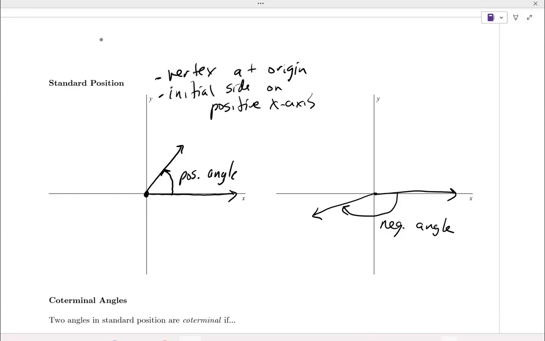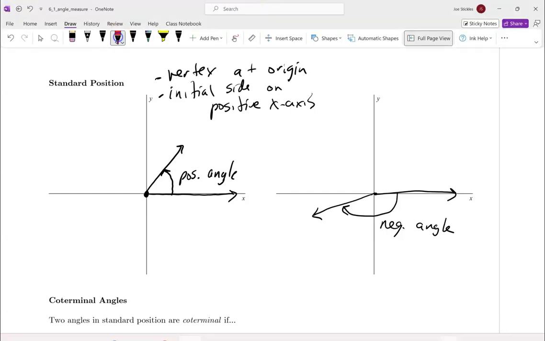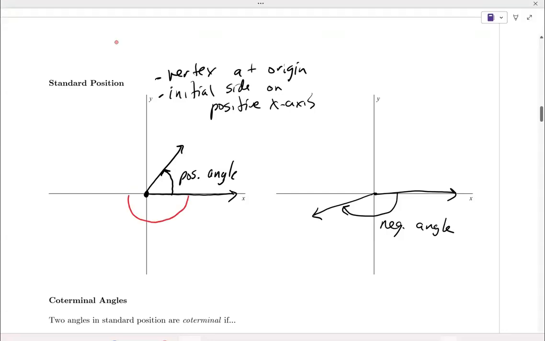So again, the terminal side is going to help us determine measure. But notice that, again, I kind of just picked arbitrarily which way I rotated, right? Instead of rotating up in the first one, I could have rotated that way, right? This red one is negative, isn't it? But I ended up in the same place. This is the concept at the bottom here of coterminal angles.